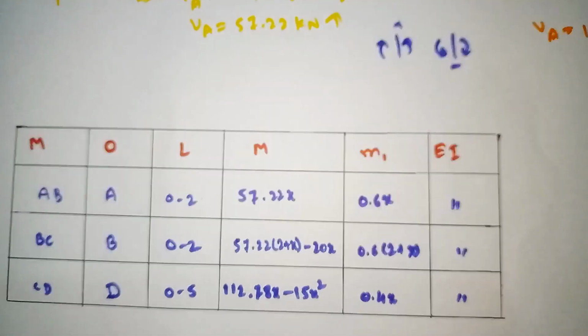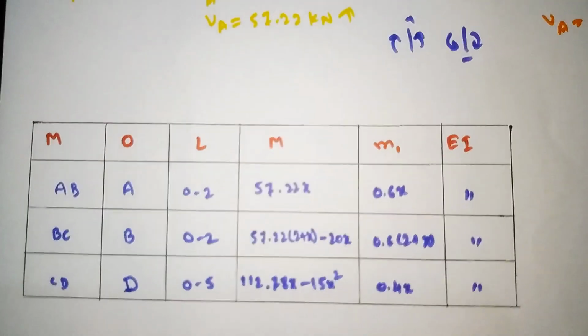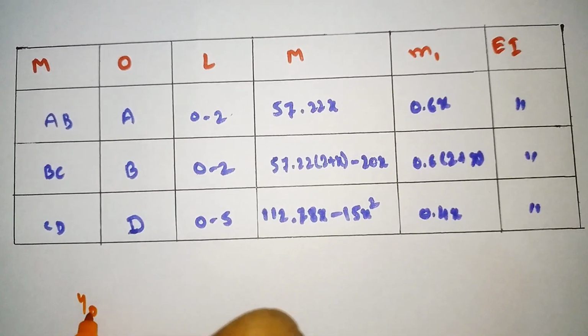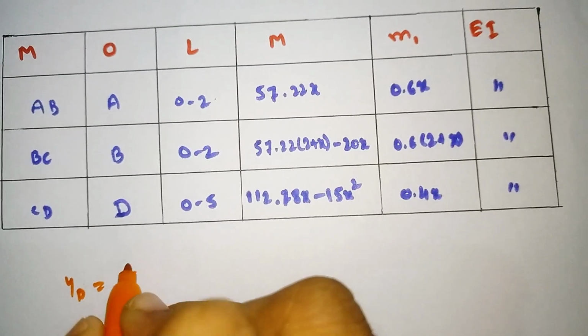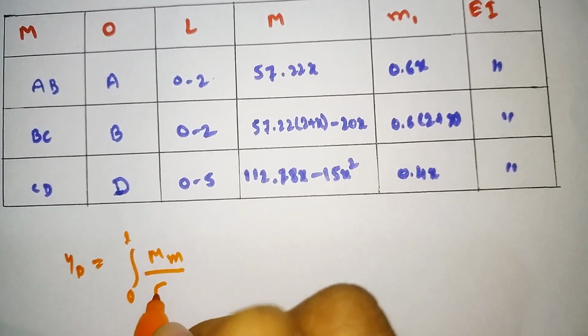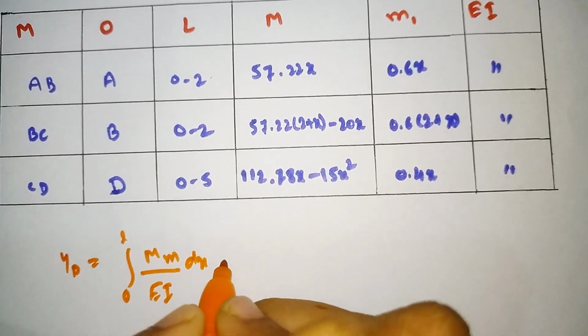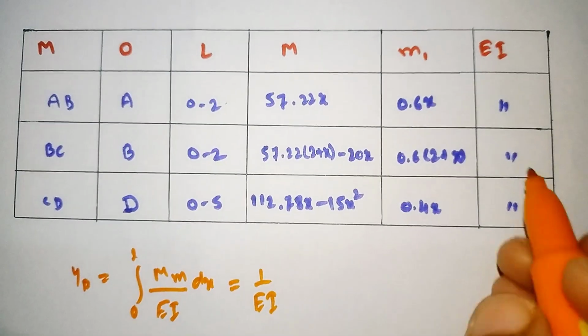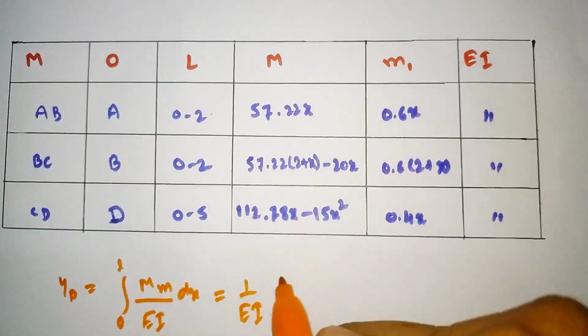Now what we have to do is find the deflection. For that we have the formula: yd is equal to integration of 0 to L of capital M small m divided by EI into dx. Now I am taking 1 divided by EI, since it is similar for all the members; I will put it later.